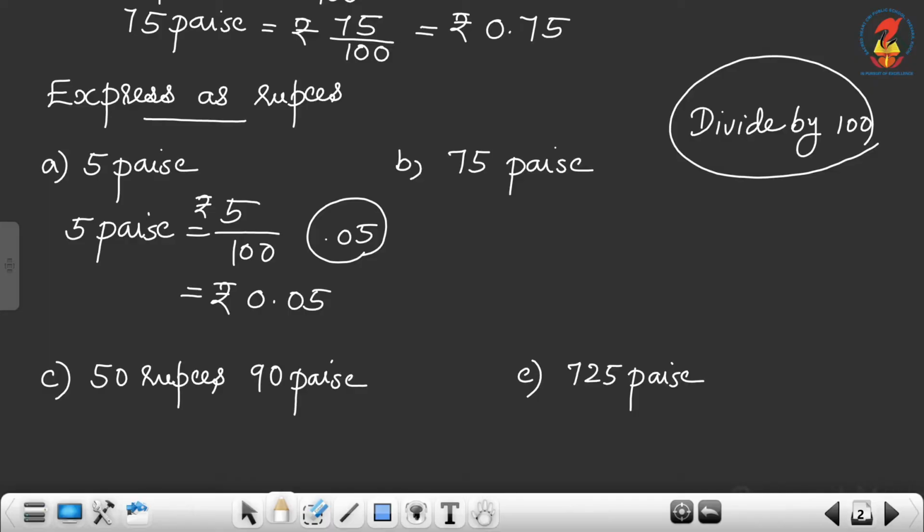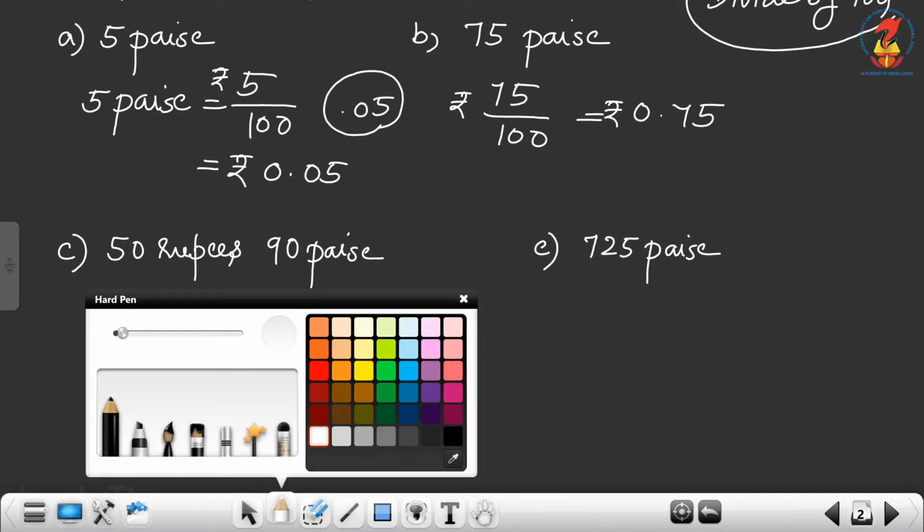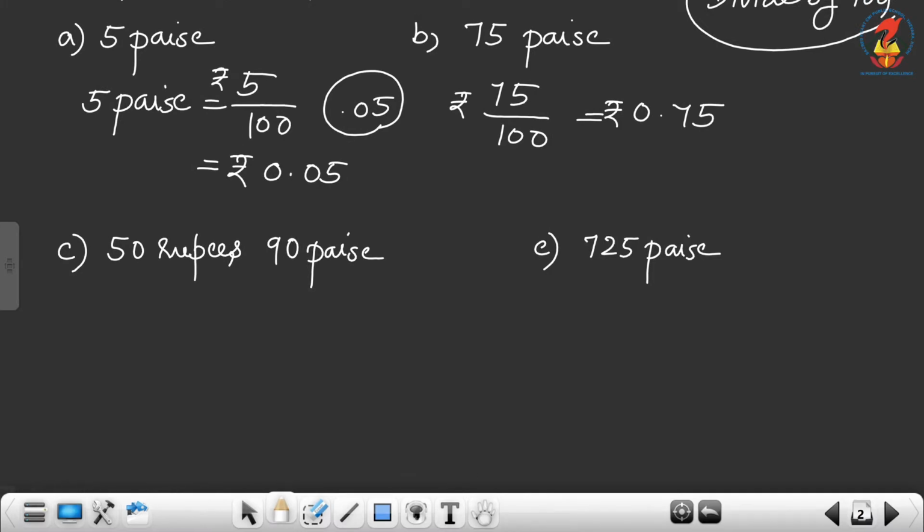Then 75 paise we already did. How to write 75 paise? 75 by 100 rupees, which is equal to rupees 0.75. Now next, 50 rupees 90 paise. 50 rupees 90 paise means 50 rupees plus 90 paise.